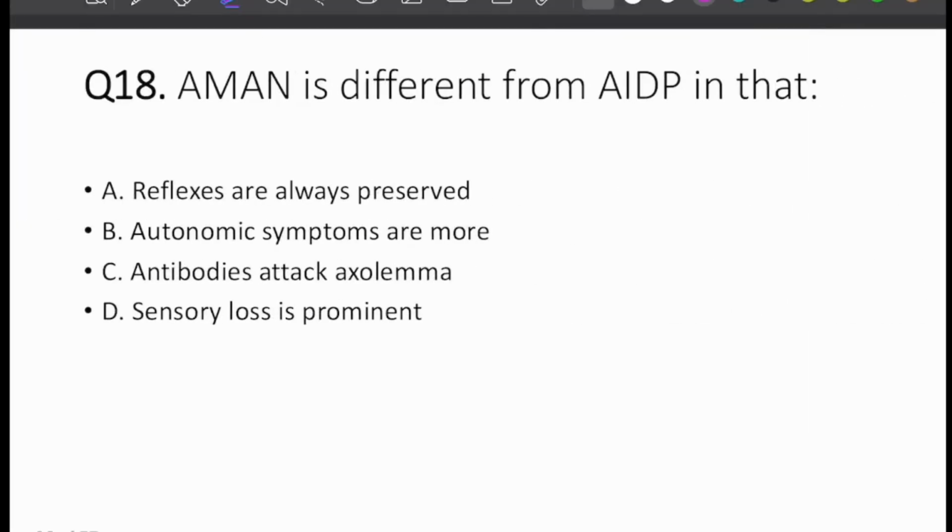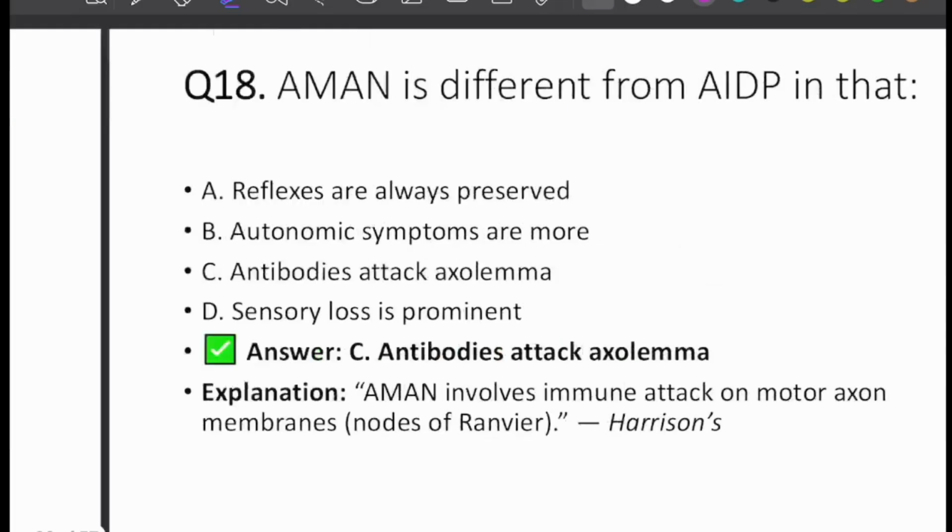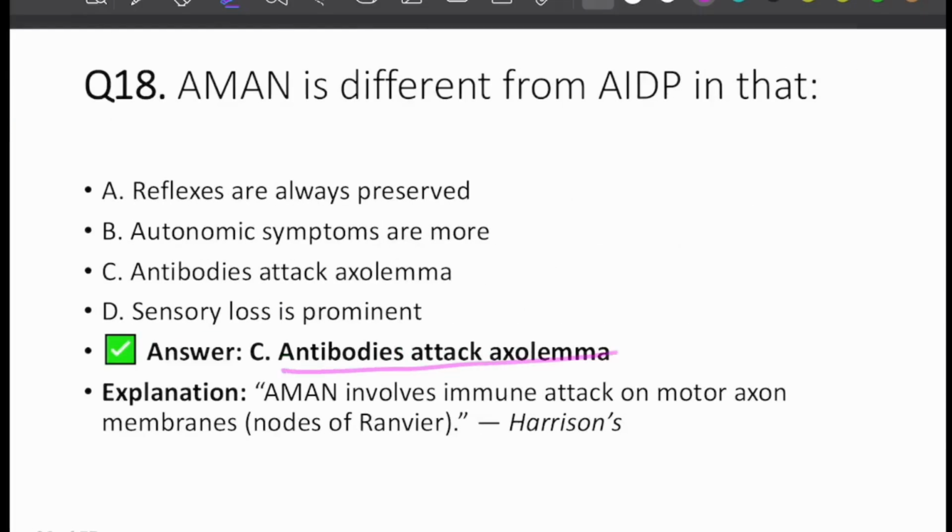Now, a few questions on variants of GBS. AMAN is different from AIDP in that reflexes are always preserved, autonomic symptoms are more, and antibodies attack. So the correct answer is antibodies attack the axolemma. AMAN involves immune attack on motor axon membranes at nodes of Ranvier.